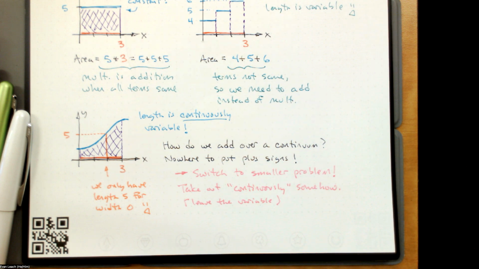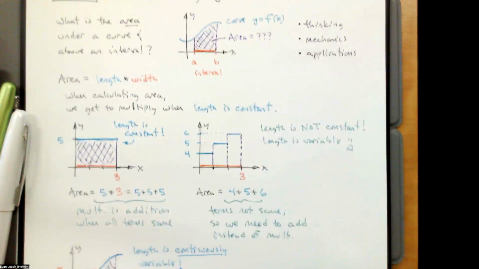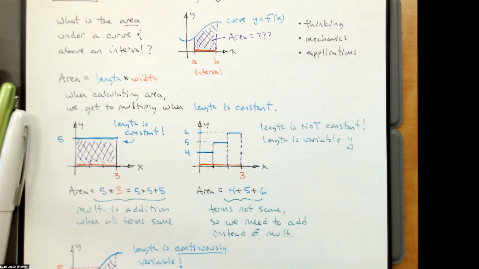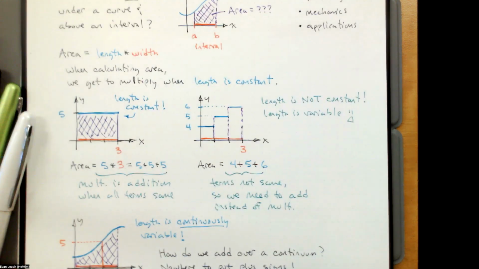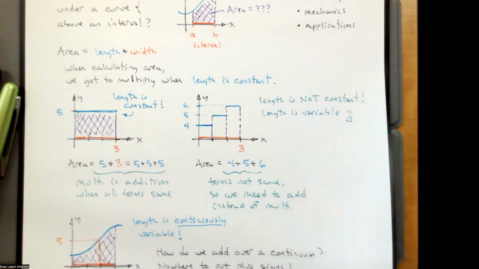Remember, this is all in the category of how we are thinking about the problem. It's about thinking about the problem. It's not about actually calculating the area. Actually calculating the area is just kind of one of the things that we do. It's about how we think about the problem. That's what we care about.